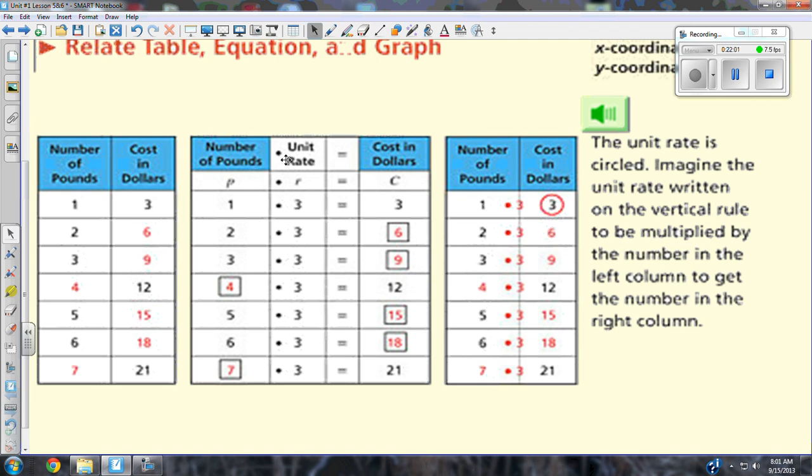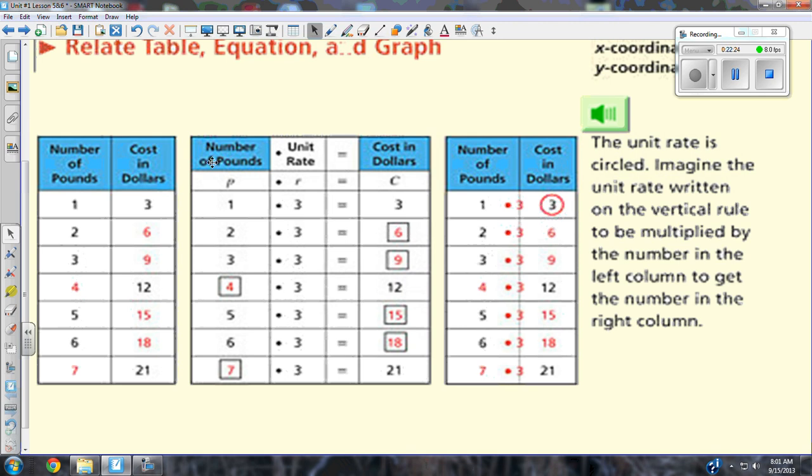Number of pounds times the unit rate equals the cost in dollars. So you have pounds times R equals cost. Variable P, variable R, variable C. 1 to the 3 is your unit rate, which would be 3. 2 times 3 would equal 6, 3 times 3 would equal 9.